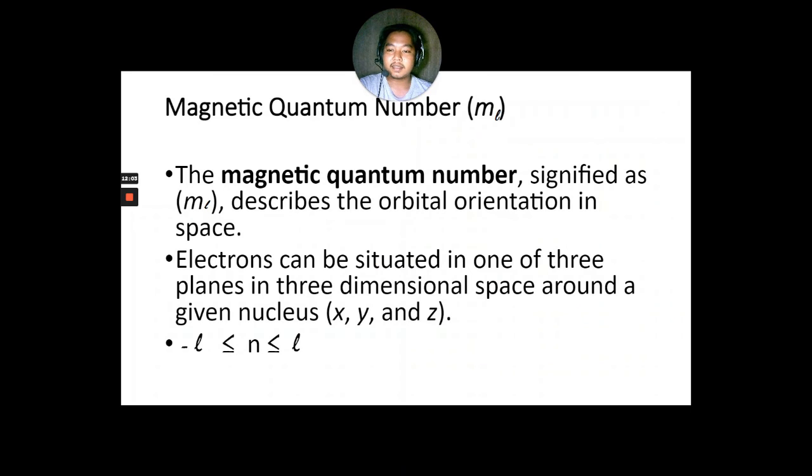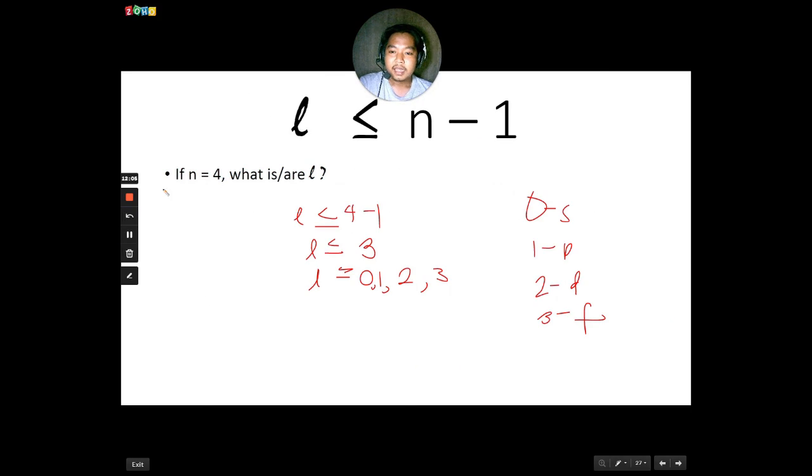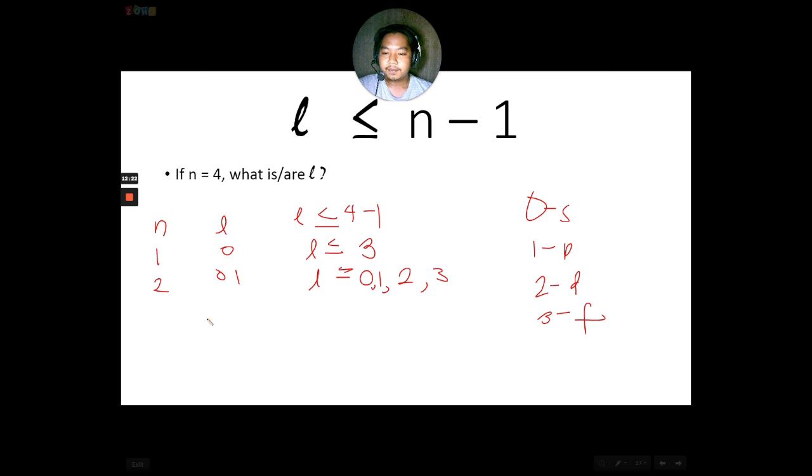If you noticed, as we increase the value of n, the value of L also increases. If n is 1, L is only 0. If n is 2, L is 0, 1.